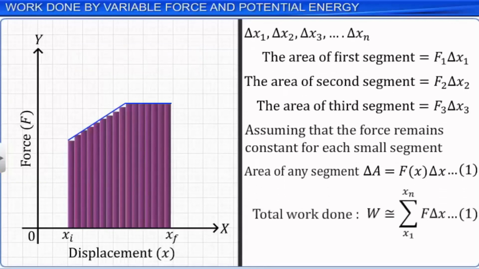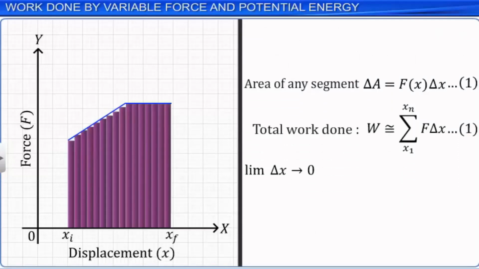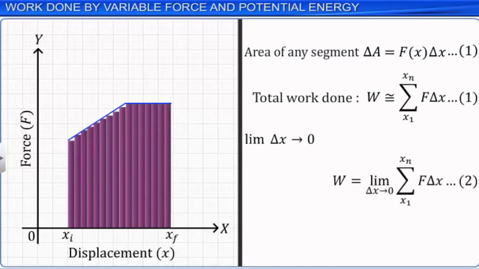The total work done is equal to the sum of the areas of all the small elements, which is equal to the summation of F delta x taken within the limits from x1 to xn, as in expression 1. If the size of each segment is very small, each delta x tends to 0, and we have a large number of such segments, and the total work done is calculated as W equals sigma of F delta x between the limits x1 to xn, as delta x tends to 0.